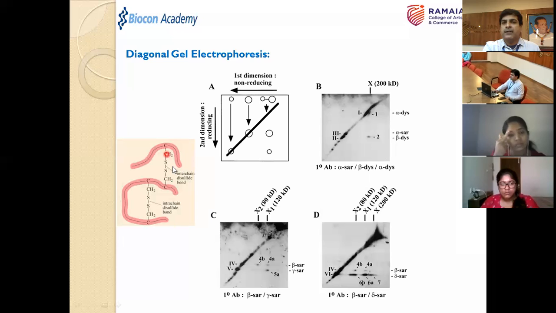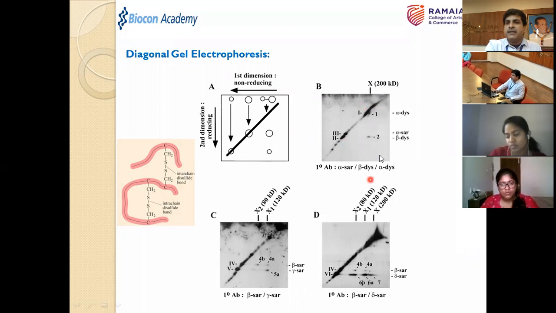Okay. So for the confirmation of the protein or protein structural studies, this diagonal gel electrophoresis has a very important application. To know the position of this cysteine bond, this technique is used. Now, after the first dimension under non-reducing condition and the second dimension under reducing condition, separation by electrophoresis is done, and this diagonal indicates that these are the proteins which are not having any disulfide.